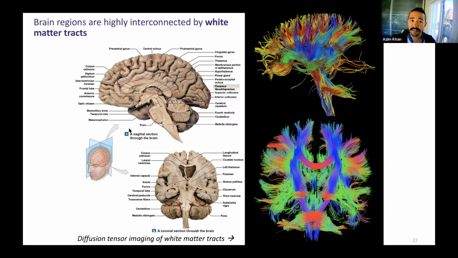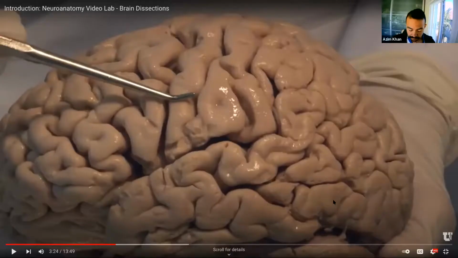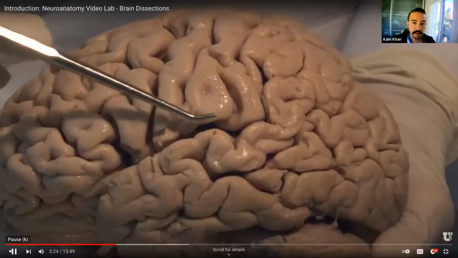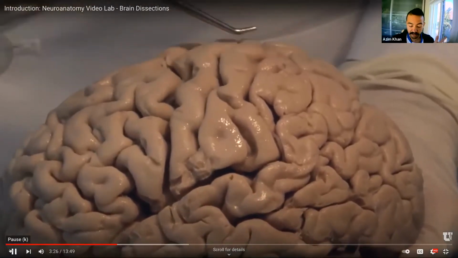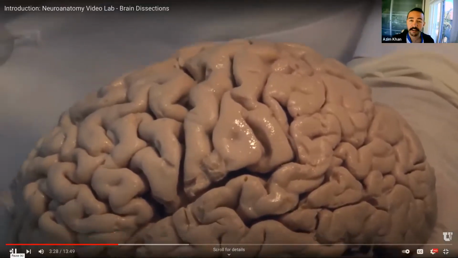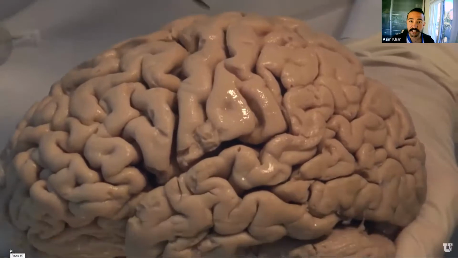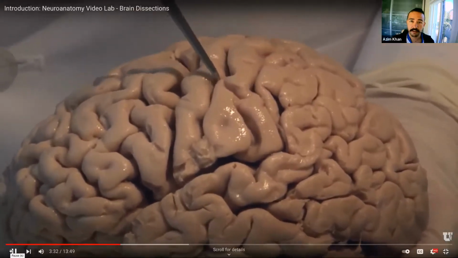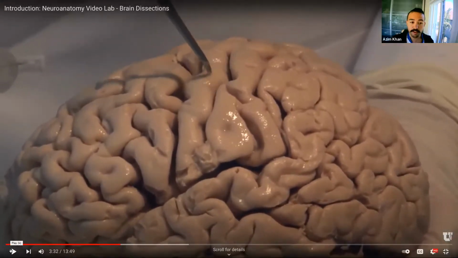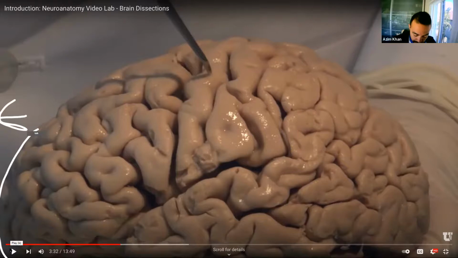I want to show everything that we just saw in a cadaver brain, so let me switch over to the videos. Here we can see the lateral surface of a brain, and they're showing off the gyri and sulci. This is anterior, that's the front of the brain, this is the frontal lobe.